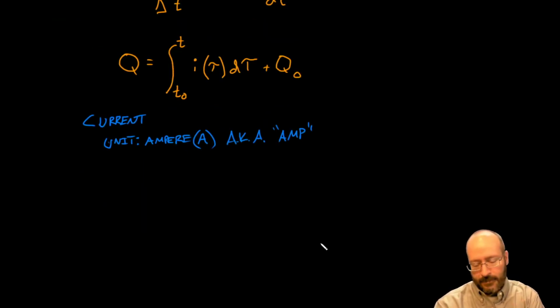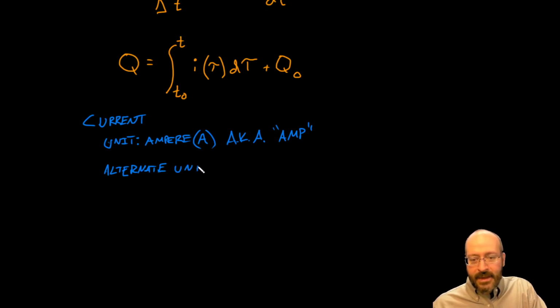Now, here's the wrinkle. We know that an amp is charge over time. So when we're working some of the problems in this first section of the class, I want you to pay attention to your units, and the alternate unit. If I make any spelling errors, don't tell me.